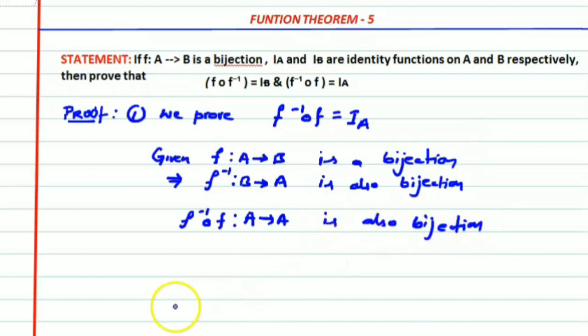Is also a bijection. I_A mapping from A to A, we know that I_A mapping from A to A is the identity function.